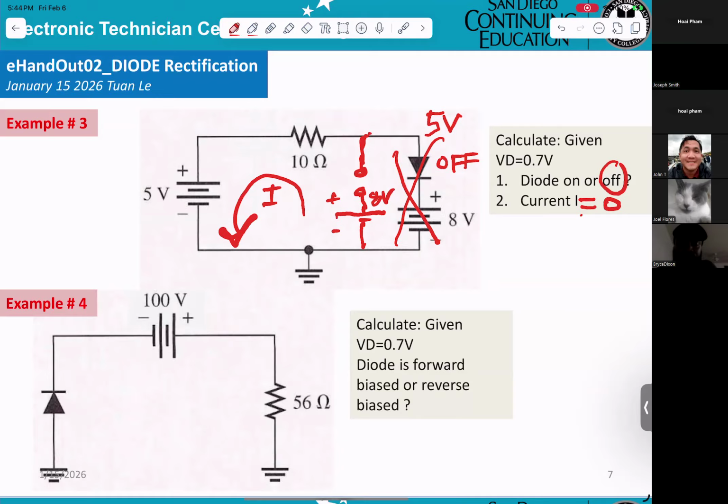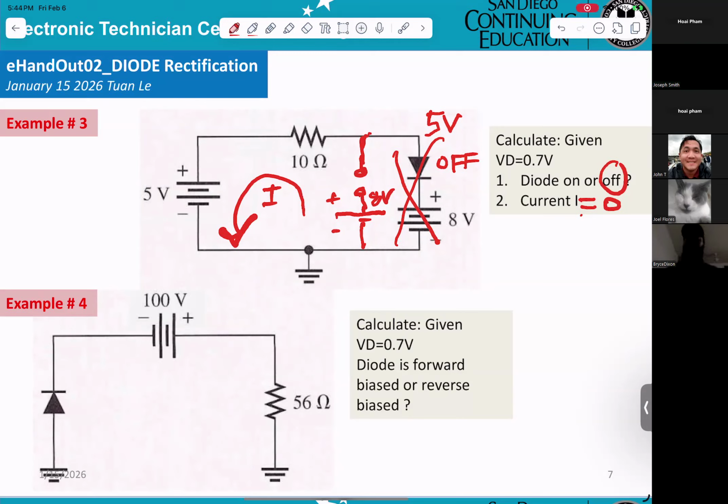Okay, any question on number 3? If you are good, when you look at the circuit you can tell right away diode on or off.